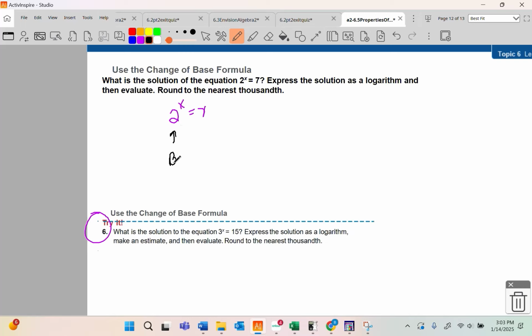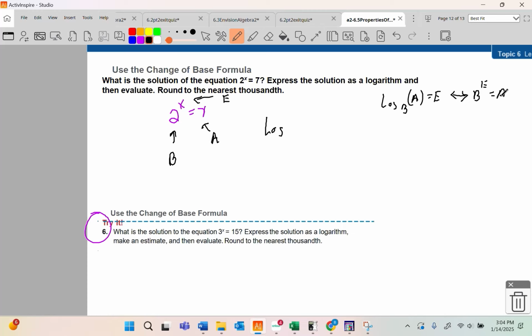This is my base. That is my exponent, which means that this must be my answer. A logarithm base b argument a equals e is equivalent to a base with an exponent and an answer.